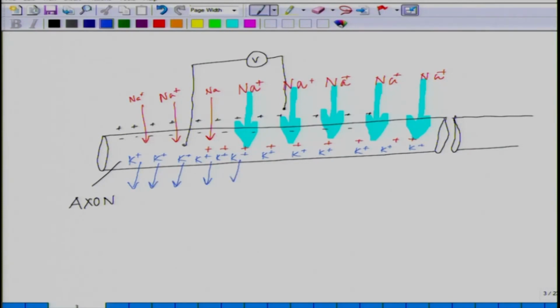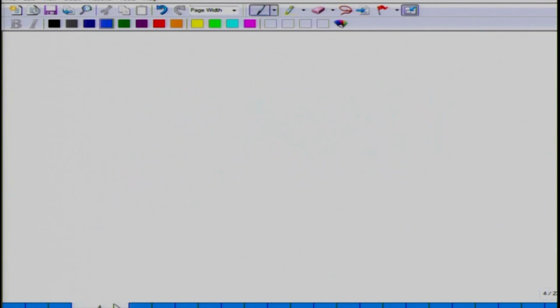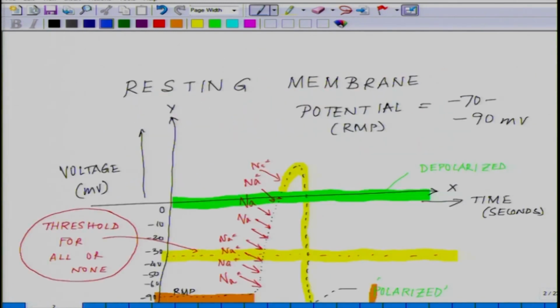Now, potassium is going out in order to balance the excess sodium which has entered, and this is the part you see in this picture out here, where the potassium is flowing out of the cell, till it brings it back to its baseline value.